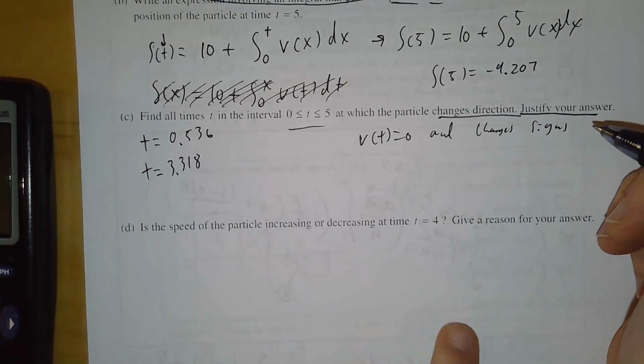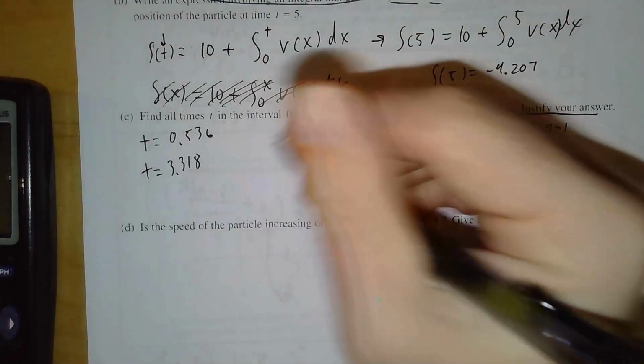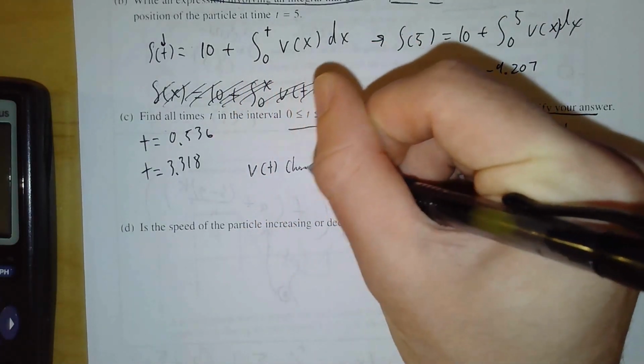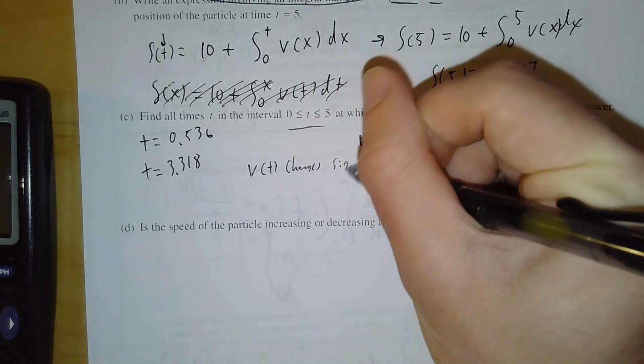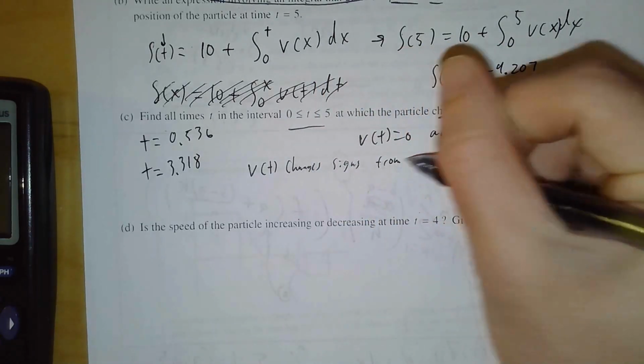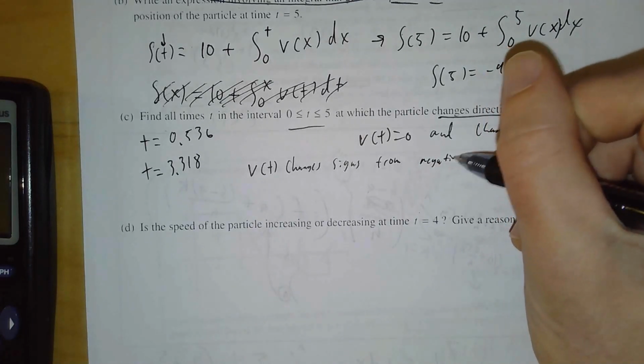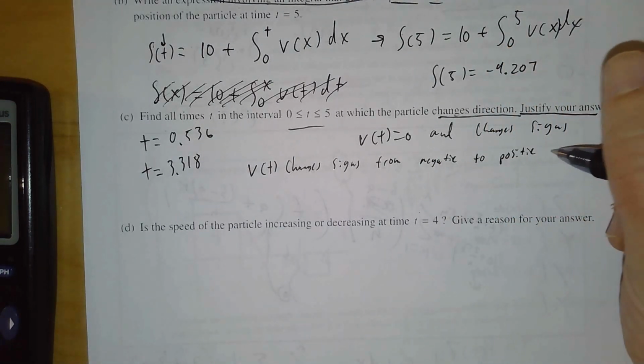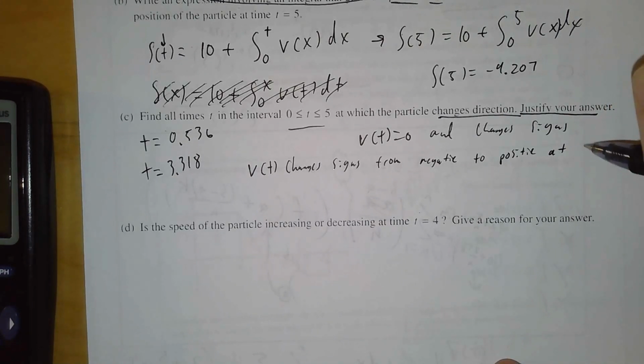So I'm going to say v of t changes signs from negative to positive at t equals 0.536.